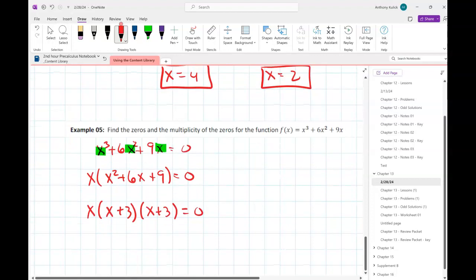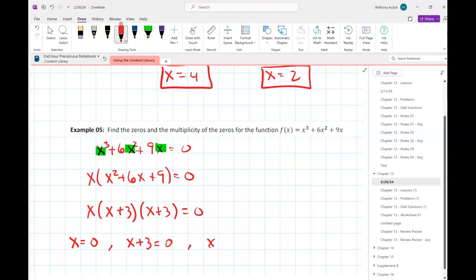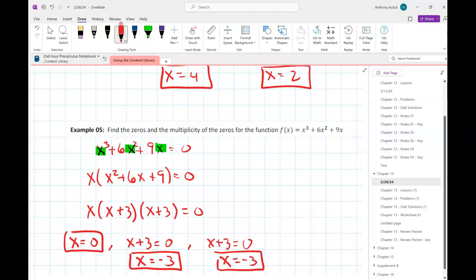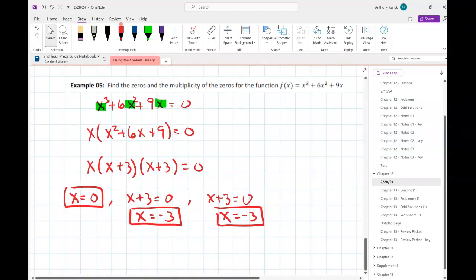Then we can apply the zero product property. So x equals 0, x equals negative 3, and x equals negative 3. So how many solutions do I have here? Really just 2, right?